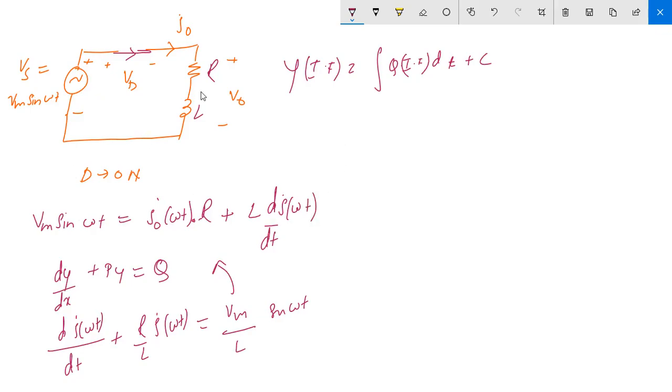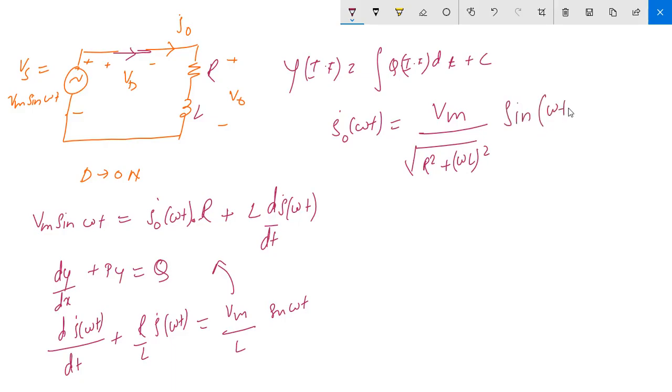It will contain an AC component and a DC component. So if you write down the omega t part, Vm times the AC component will be root under R square plus omega L square, this is the current, and the AC component will be sin omega t minus phi, where phi is tan inverse of omega L by R, the load power factor angle.